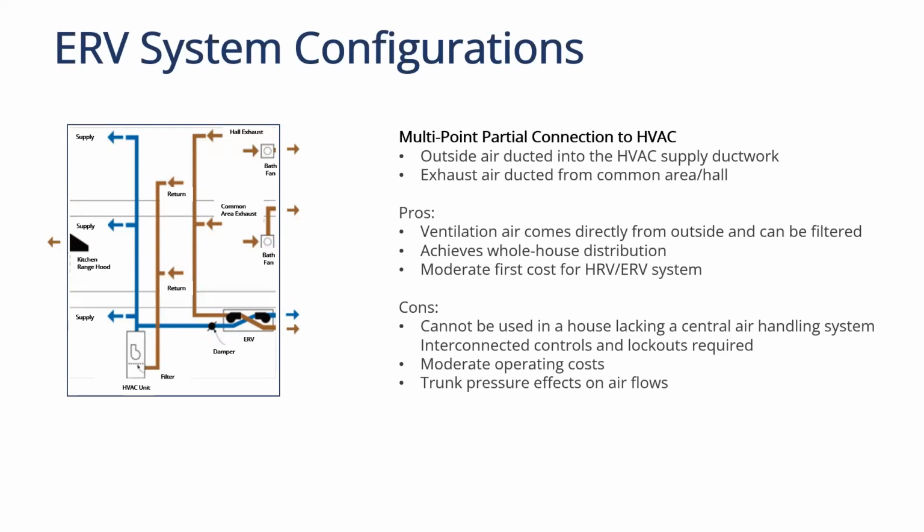It does achieve that whole house distribution, and it is kind of middle of the road cost with the addition of the HRV or ERV system, which would be included with the vertical packaged unit.